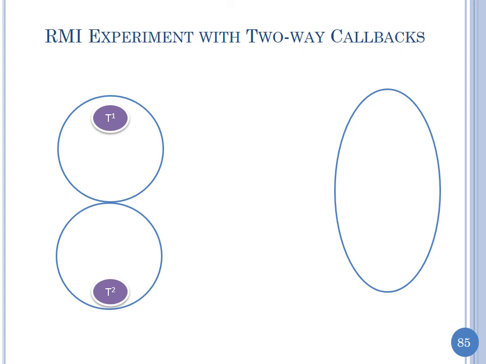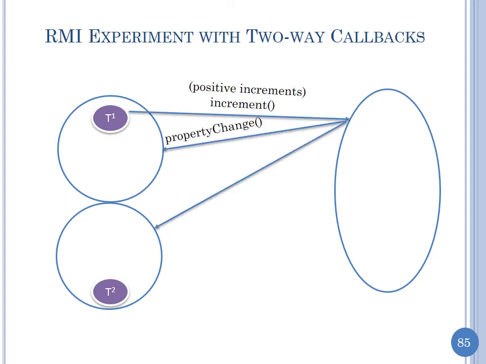We said that we can have deadlocks with two-way callbacks if we have only one thread servicing all calls. So let's verify that that's indeed the case, and that will also help us narrow the policy. Now I'm going to have two threads again doing positive increments, and again there's going to be a property change callback in the calling process, and another callback to the calling process.